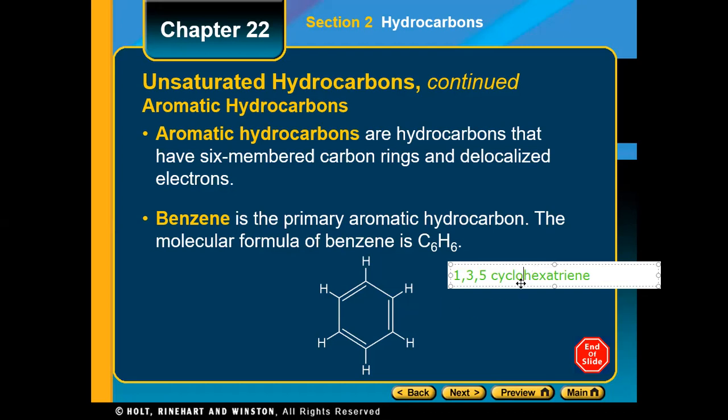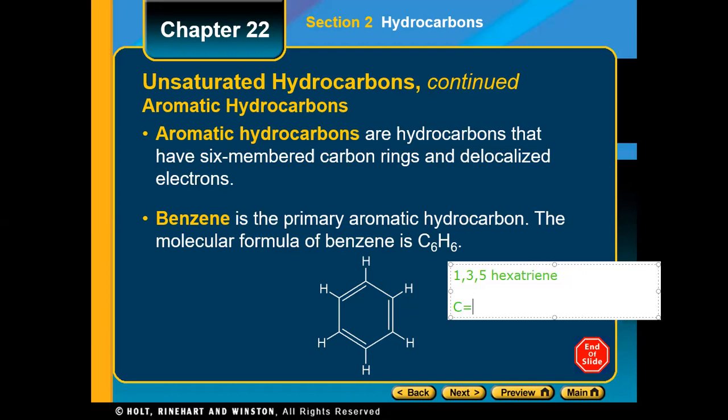Because if I just say hexatriene, probably you will do something like this. You will have a C and a double bond, then another C, and another C and another double bond, another C and another double bond, and then another C. 1, 2, 3, 4, 5, 6. There you go.